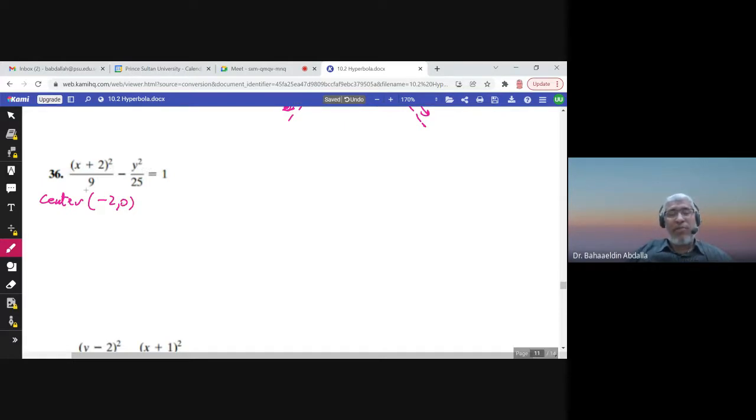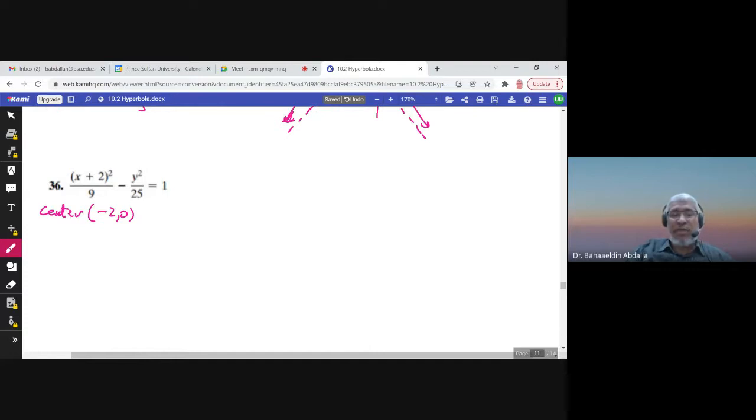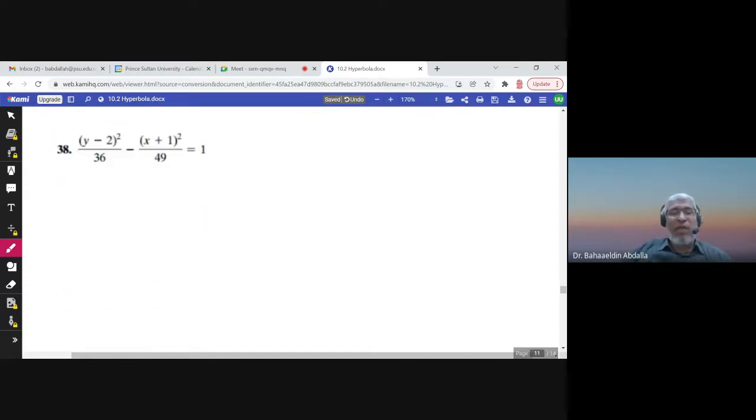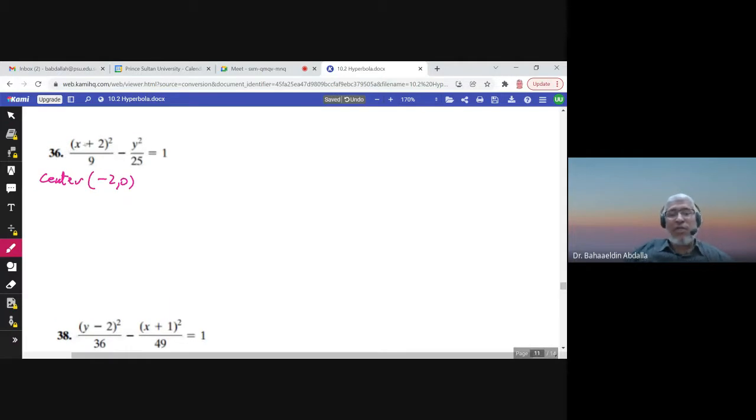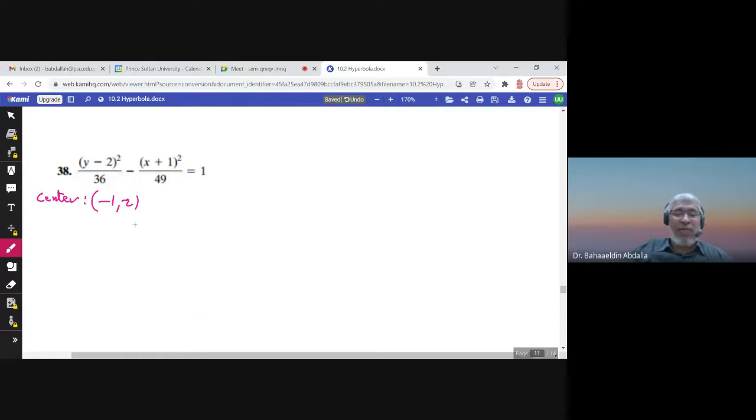And please, you can sketch the graph and continue like this one as an exercise for you. Sketch the graph of the hyperbola. Here the center is x minus h, so it's negative 1 and 2. Okay, notice that this is a horizontal hyperbola, where this is a vertical hyperbola.